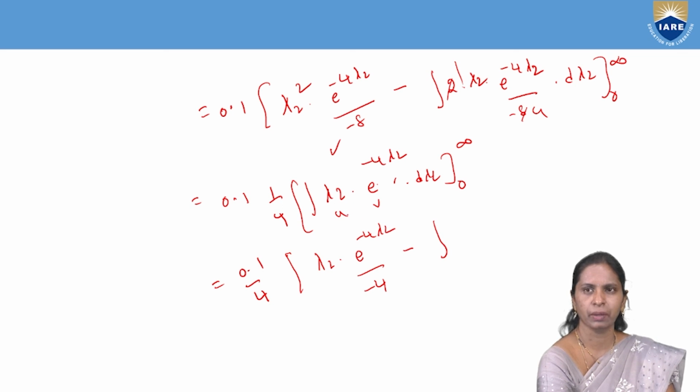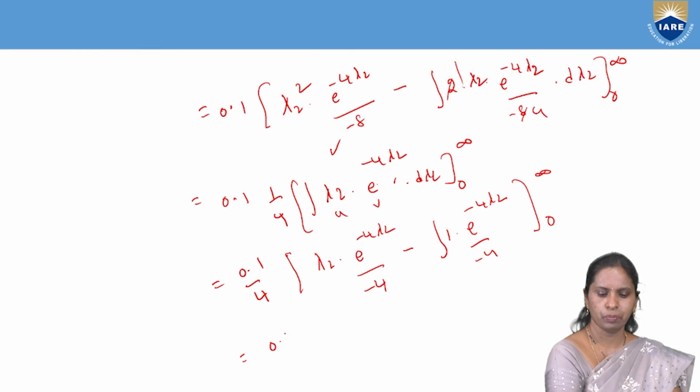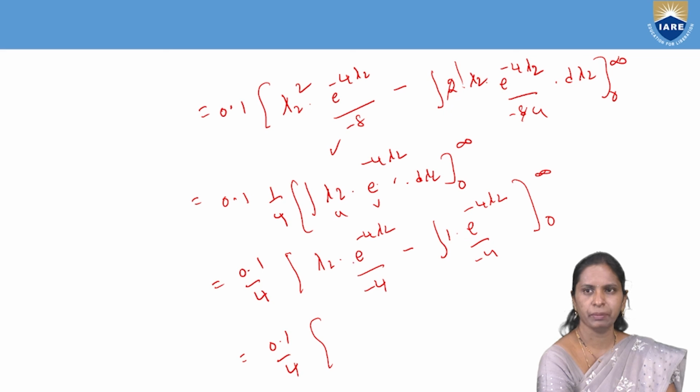The differentiation of lambda 2 with respect to lambda 2 is 1, so 1 into integration of v, e power minus 4 lambda 2 by minus 4, and the limits are from 0 to infinity. If you substitute the upper limit, infinity into e power minus infinity is 0. If you substitute the lower limit, 0 into something is 0. Therefore, the first term vanishes here.